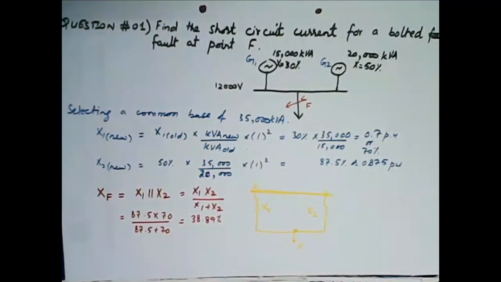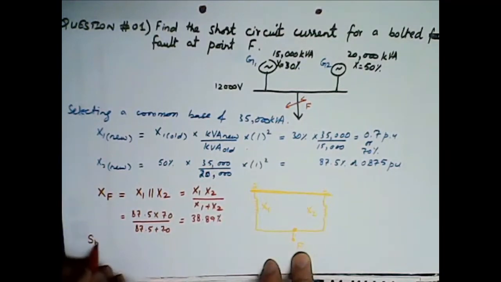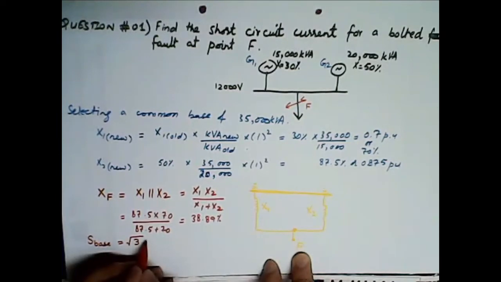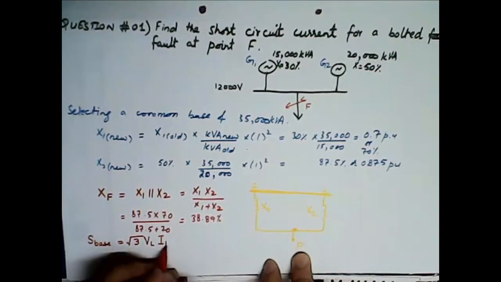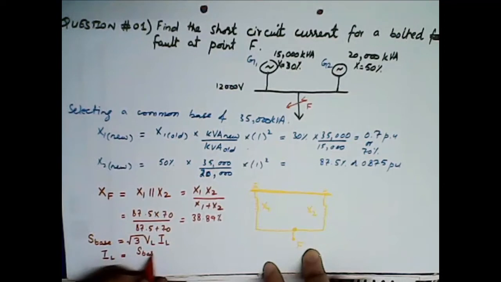Next we need to calculate the full load current, and the formula of power, we know that S base is equal to under root 3 times VL times IL. So from here we can find IL as S base divided by under root 3 times VL.